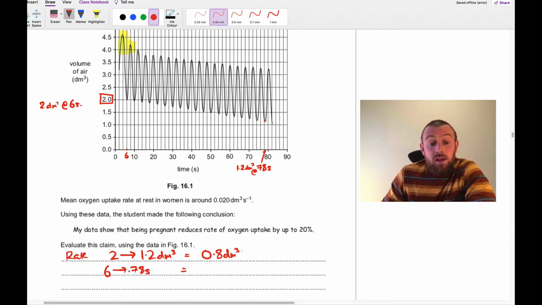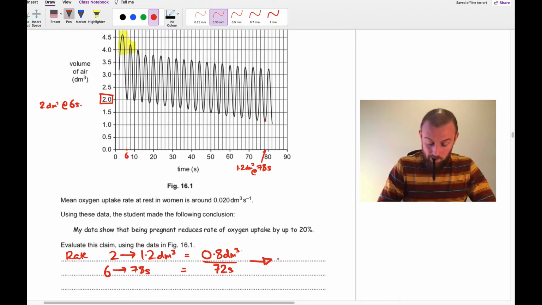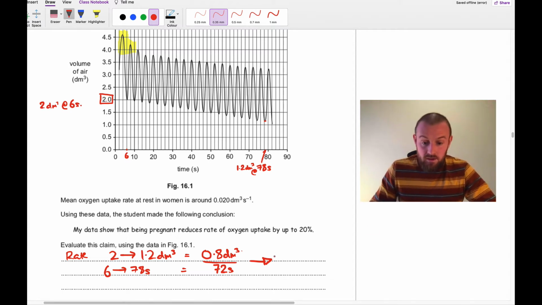Which is going to be, what is that? That's 72 seconds. Okay, so 0.8 dm cubed divided by 72 seconds is going to give us our rate. So 0.8 divided by 72 gives me 0.011 dm cubed per second.